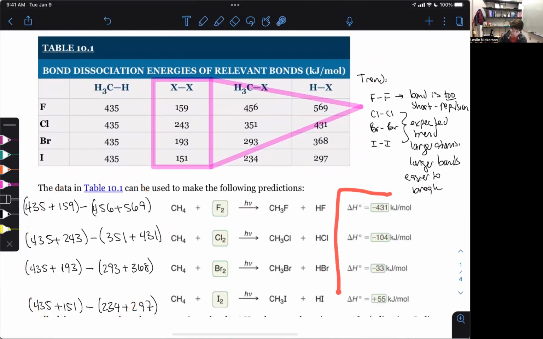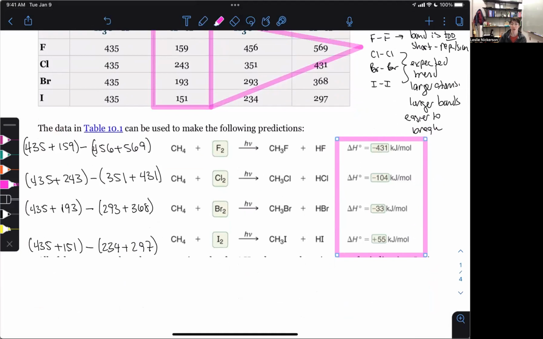But if we look over here, this is the important stuff. This is the delta H of these various reactions. So if we look here, this number is crazy large, okay? So there is a ton of energy being released in that fluorination process.